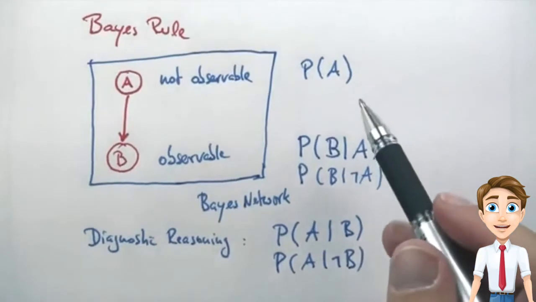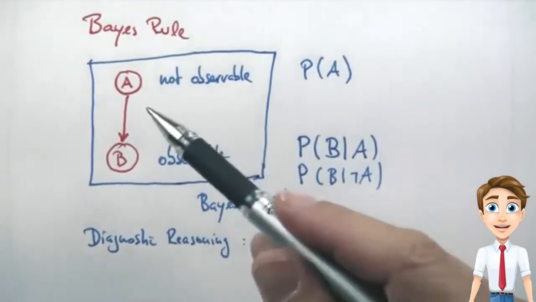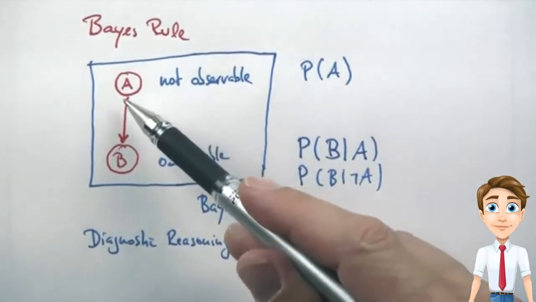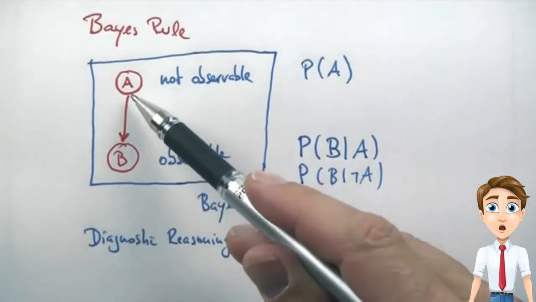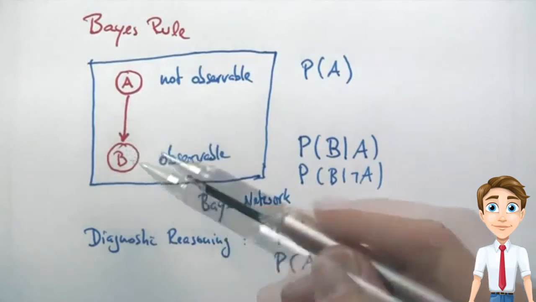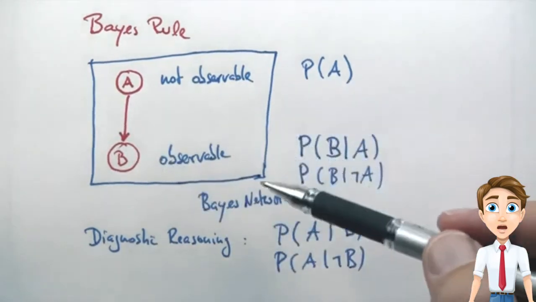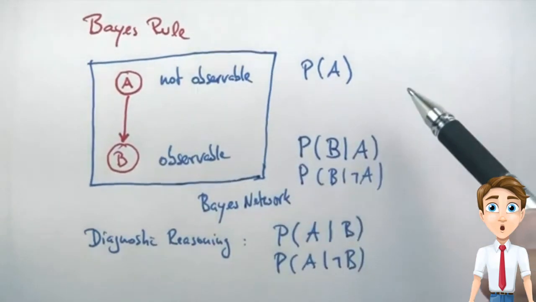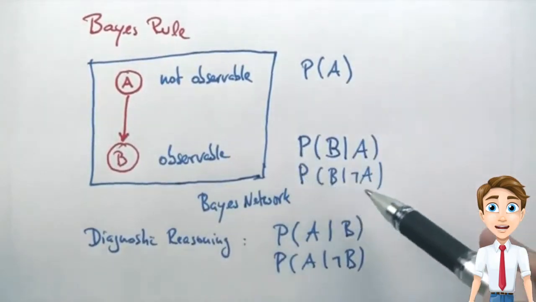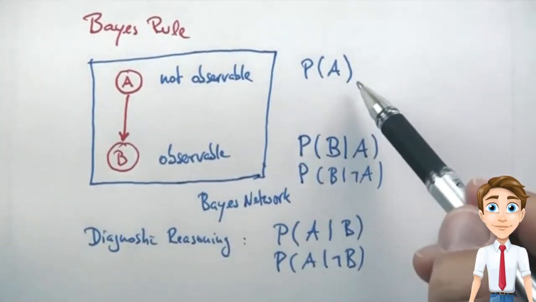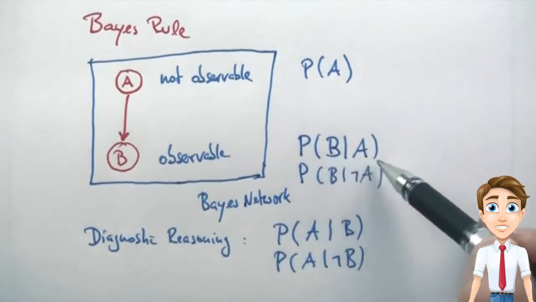This is our very first Bayes network, and the graphical representation of drawing two variables, A and B, connected with an arc that goes from A to B, is the graphical representation of a distribution of two variables that are specified in the structure over here, which has a prior probability and has a conditional probability as shown over here.